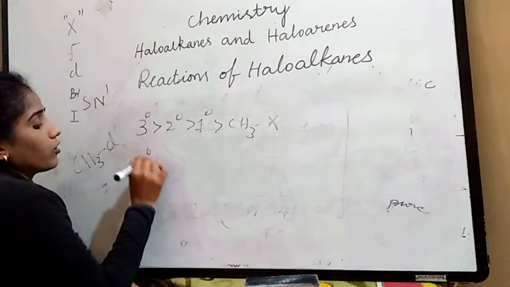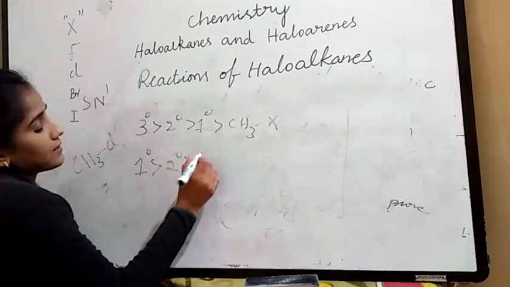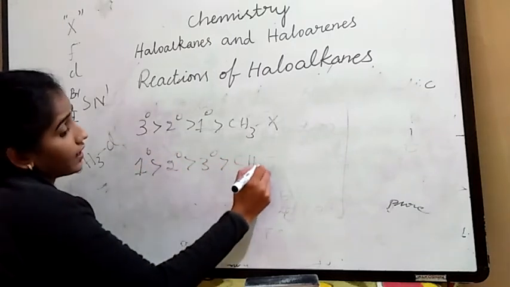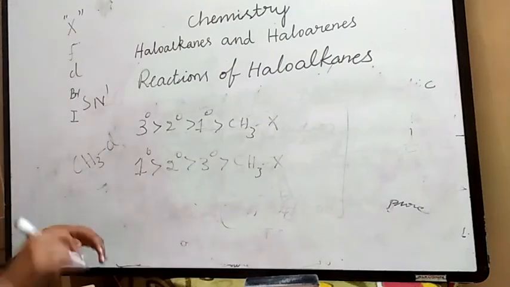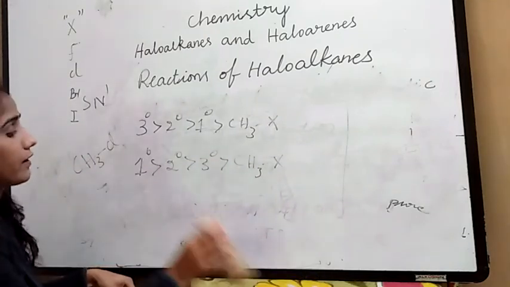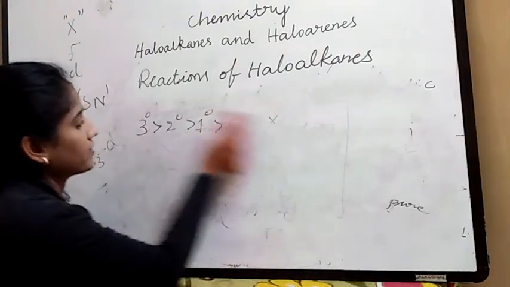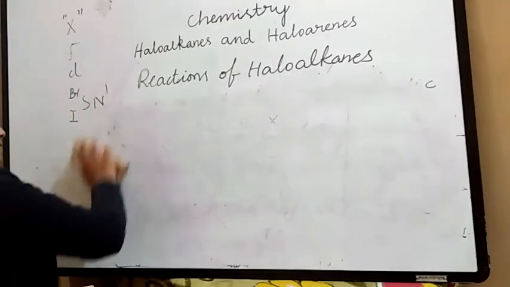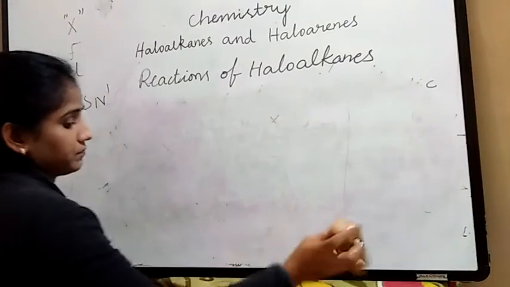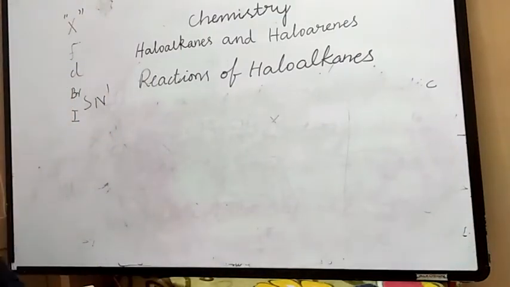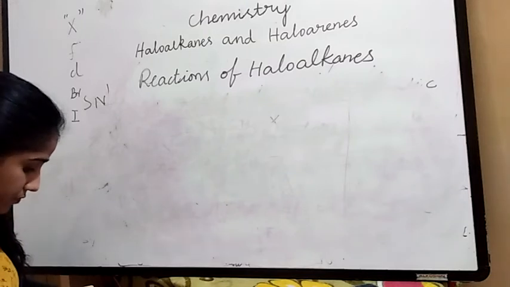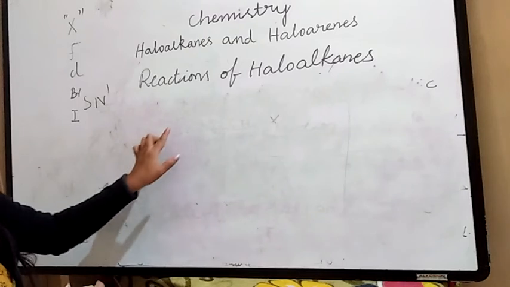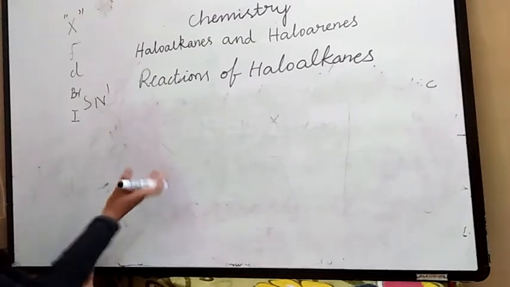So primary carbon atom is greater than secondary, secondary is greater than tertiary, tertiary is greater than CH3X. Like this you can write, or you can memorize. We can sum up the order of reactivity like this.